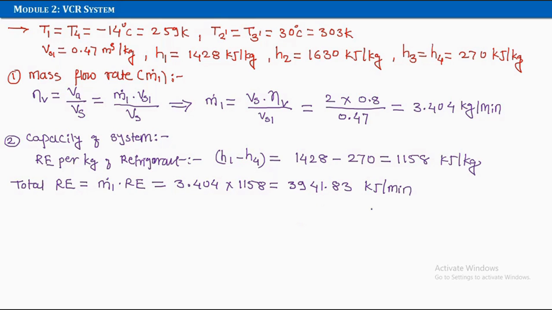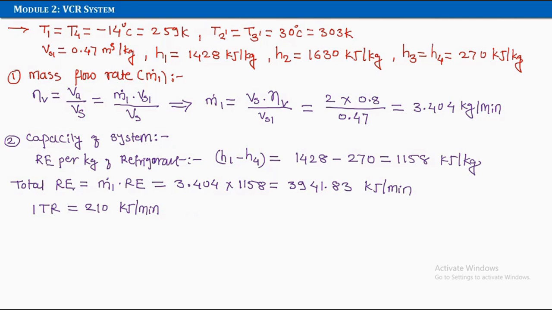Now I divide this by 210, because 1 ton of refrigeration is equal to 210 kilojoule per minute. So I'll write that also here. We know that 1 TR, 1 ton of refrigeration, is equal to 210 kilojoule per minute. Now we have to find out the capacity of the system.